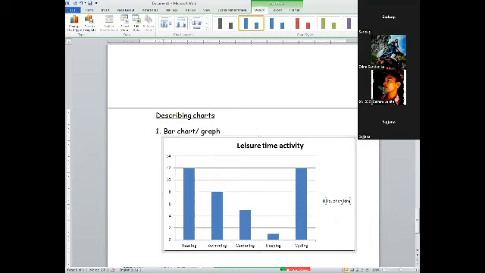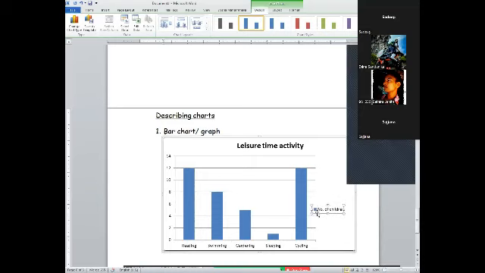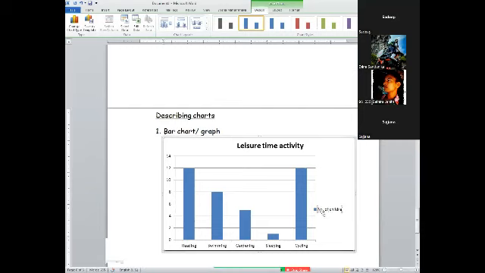Yes, teacher. Take 6 or 7 lines, draw the chart in pencil. You can use color pencils for shading.